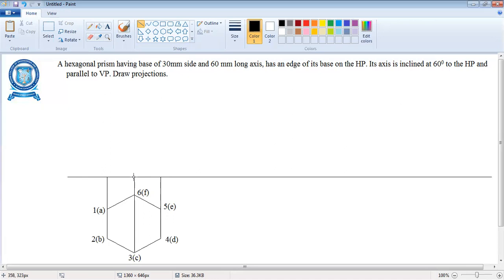We have to measure a 60 mm line from all the points and join it.